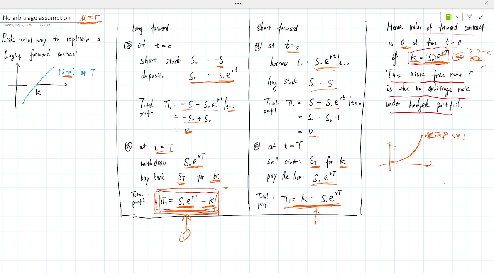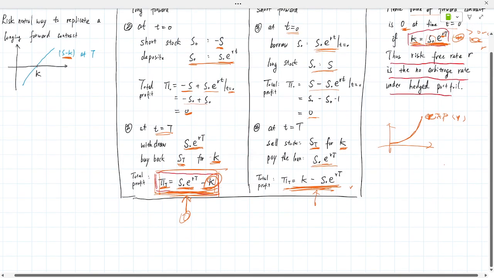Either way, one is greater or less, and you will earn some money out of it. If K is different, then you can make a total profit. So if it's not exactly r, then you gain money on one side or the other. This creates a risk-free arbitrage.